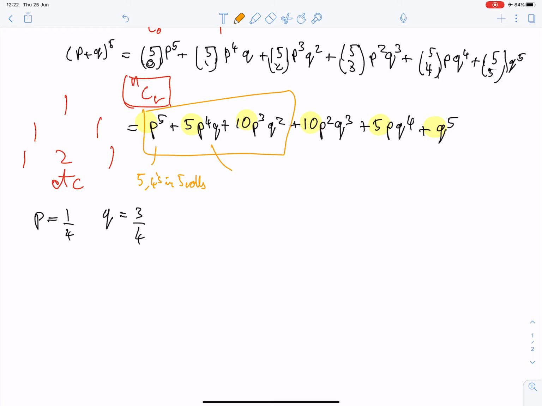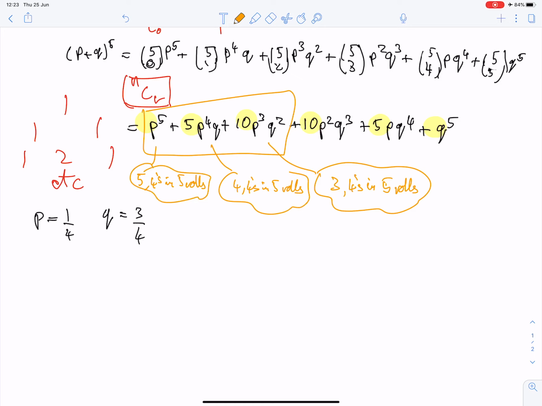This one is going to be 4 4s in 5 rolls, and this one's going to be 3 4s in 5 rolls. I hope that makes sense.